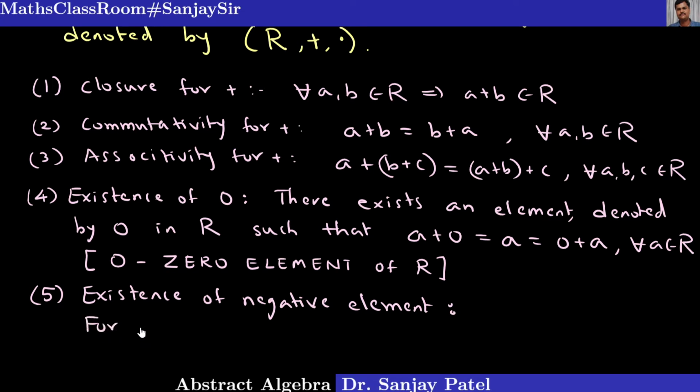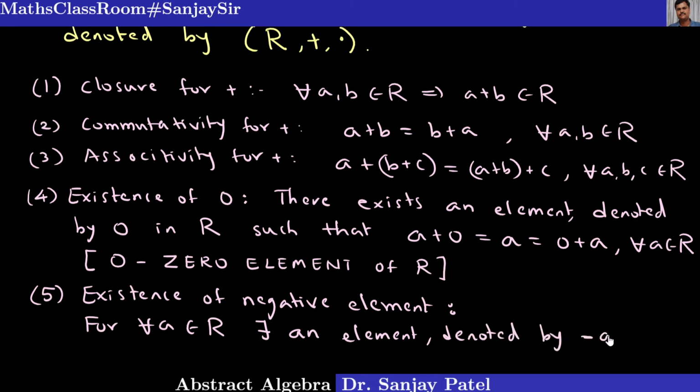For every element a belongs to R, there exists an element denoted by the symbol minus a in R such that a plus minus a equals 0.